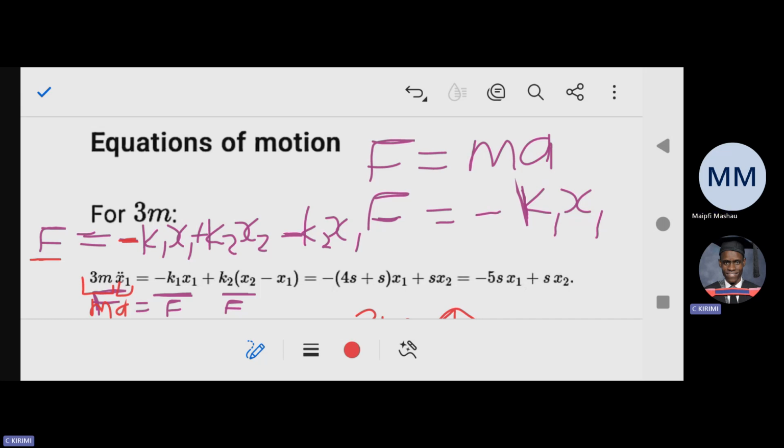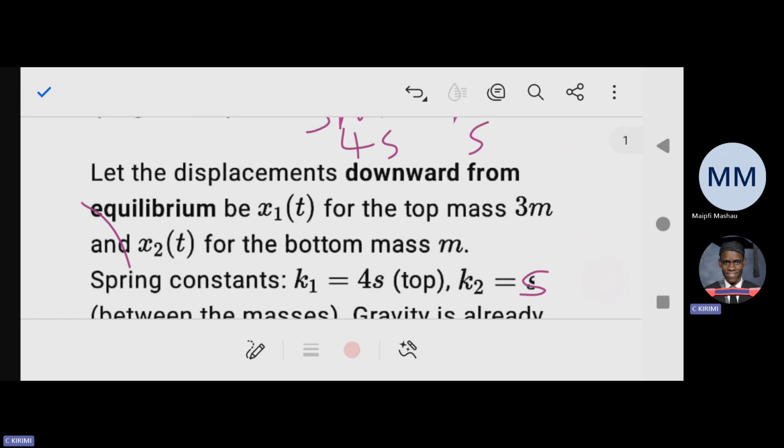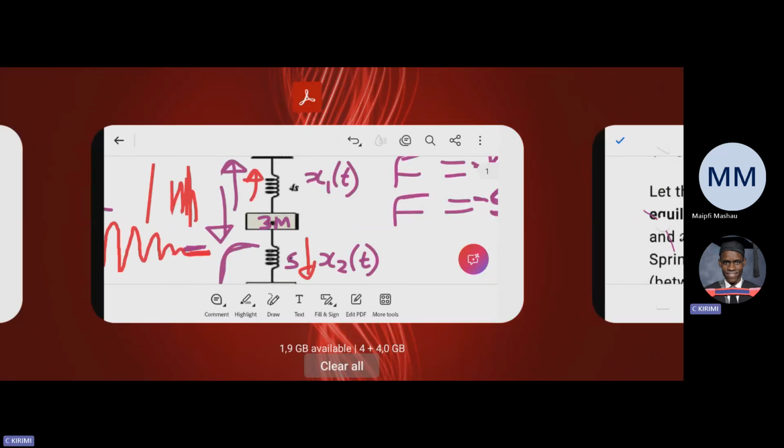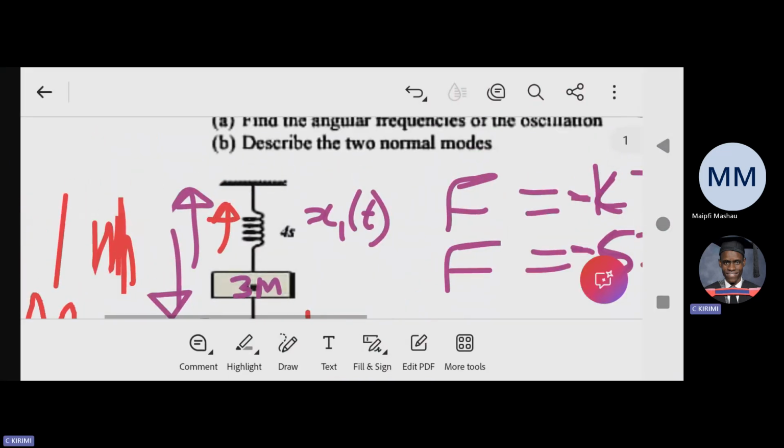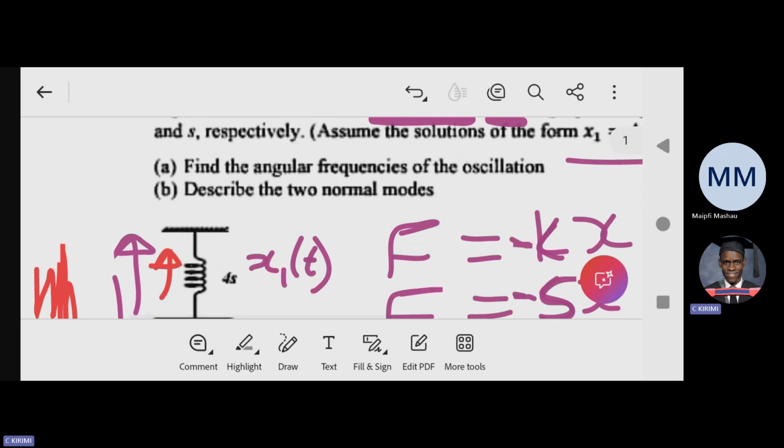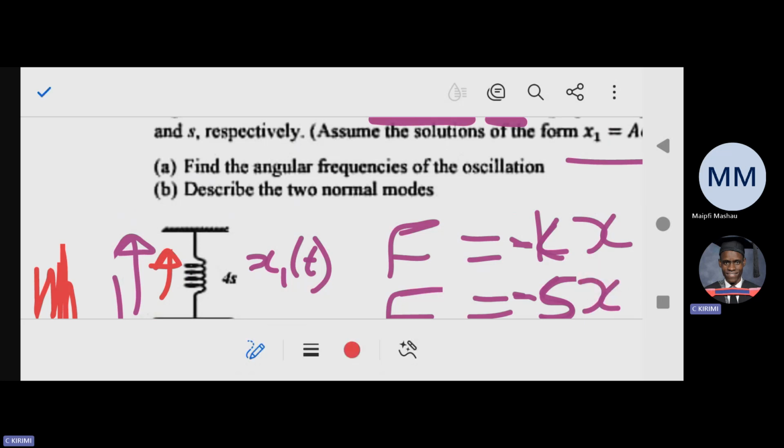I'm going to differentiate x1, because we assumed that the displacement along the 3m block is x1 of t. So if I want the acceleration, I differentiate this displacement how many times? Twice.